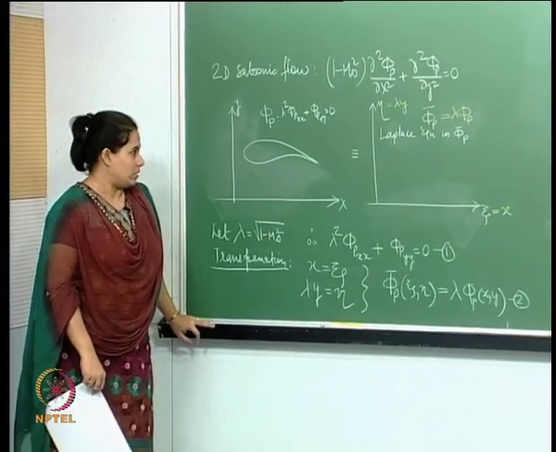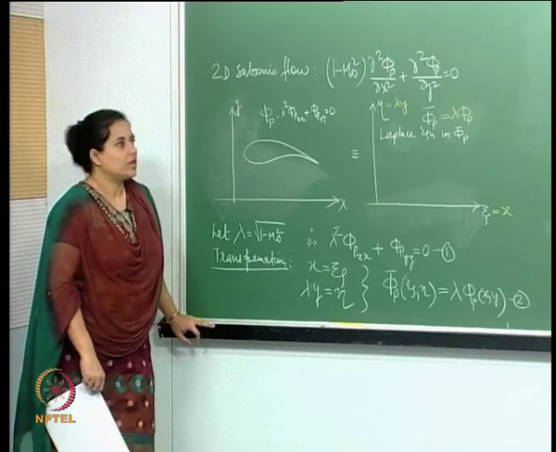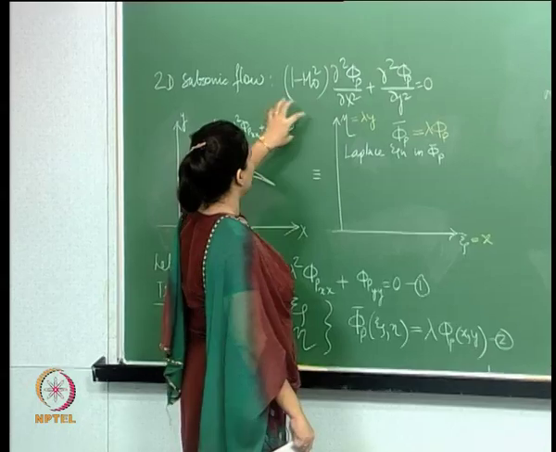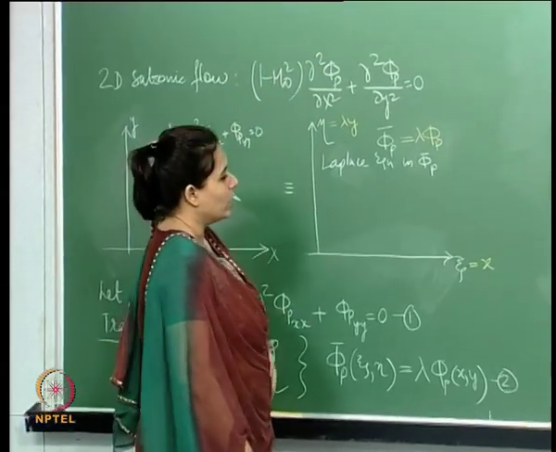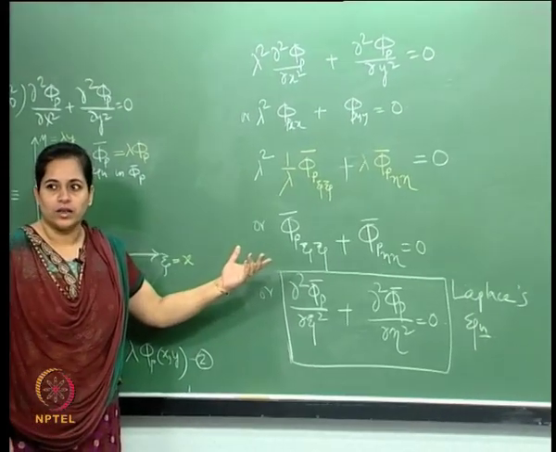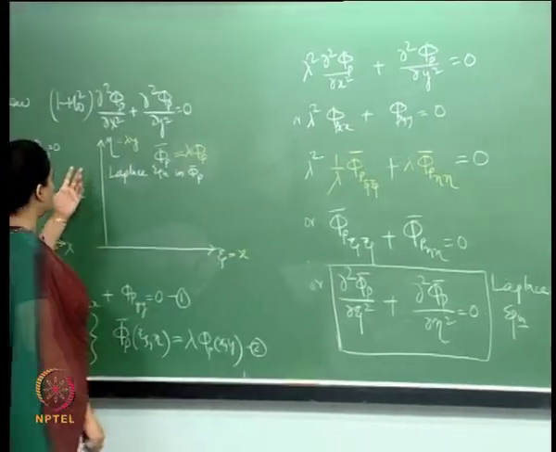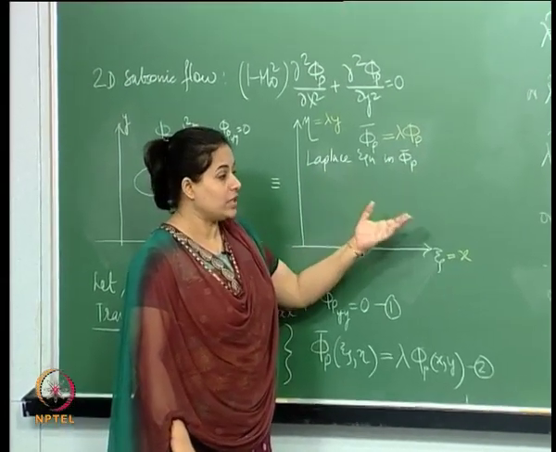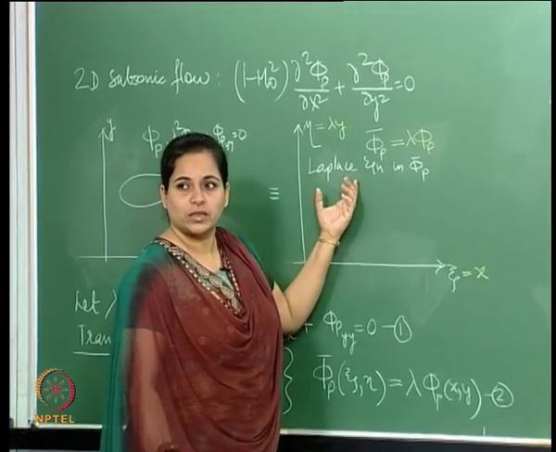Why? Because this is a 2D subsonic flow. When you see the Laplace equation, what happens to the Mach number? It's not there anymore. So Laplace equation is basically the governing equation for, in this particular case, 2D incompressible flow.